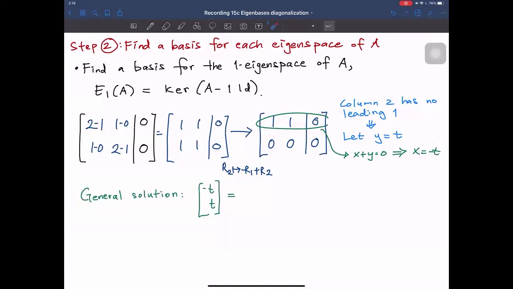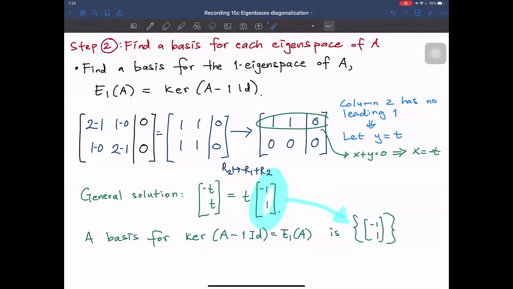So the general solution is a vector where the first entry is negative t from this x, and the second entry is t from the y. I can write it as a linear combination where t is a coefficient, and I take this concrete vector, and this will be a basis for the 1 eigenspace of A.